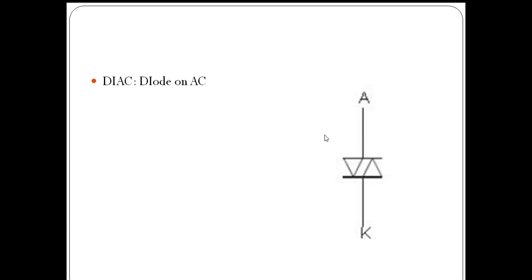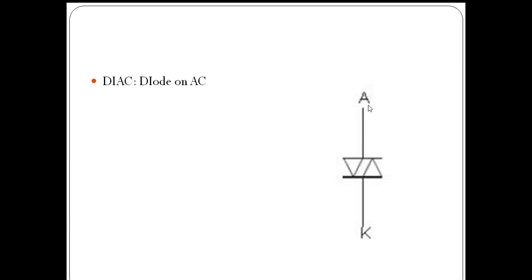Next one is the diode on AC. Earlier we saw that a diode has two terminals, anode and cathode, and is a unidirectional device, conducting from anode to cathode. In this device, we represent the terminals as MT1 and MT2, because conduction takes place from anode to cathode and cathode to anode.